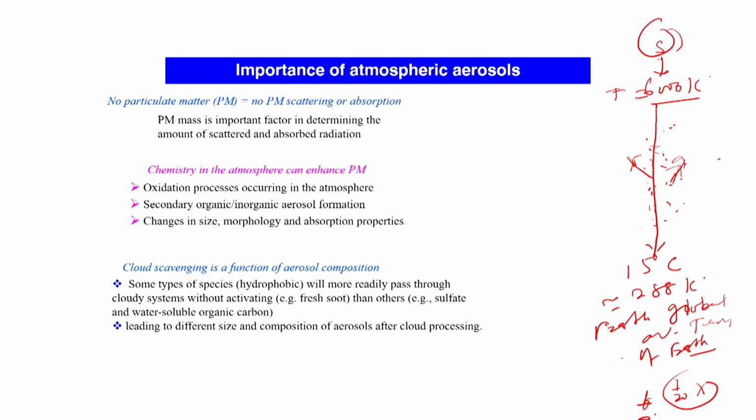So let's say 10 millimeter, while atmospheric water vapor size is about 20 nanometer. The particles have to grow from 20 nanometer to 10 millimeter, and then how they grow becomes very important.